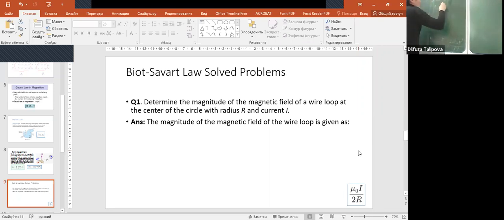We should use only B is equal to mu0 divided by 4 pi integral of I dl divided by R square. Okay, so if they are constant, the equation will be like this: mu0 divided by 4 pi multiplied by I multiplied by L divided by R square.